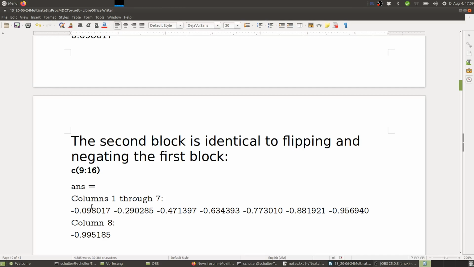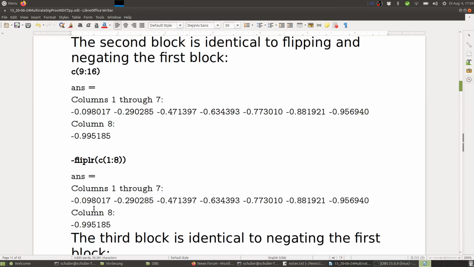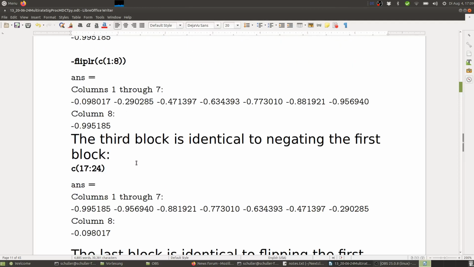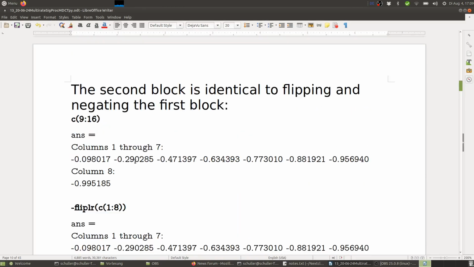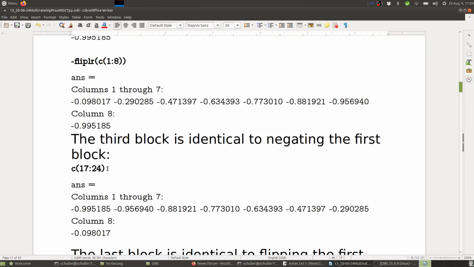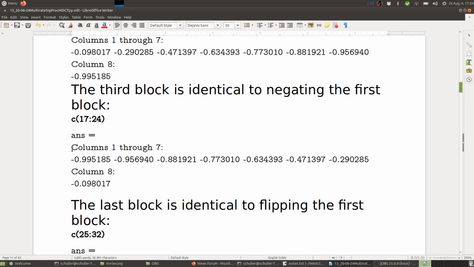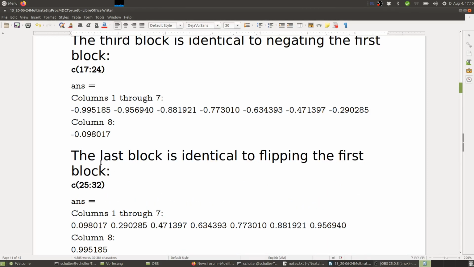So it's negative flipped. So here as a comparison again, here's negative flipped of the first block, and you can see it fits perfectly, right? It's identical. So then the next block, this third block here from 17 to 24 has those numbers, and this is identical to flipping the first block.